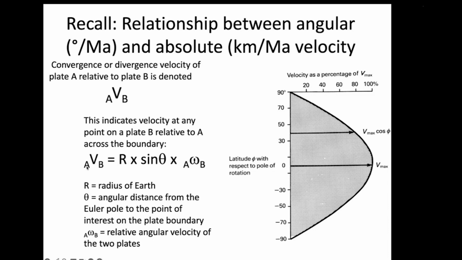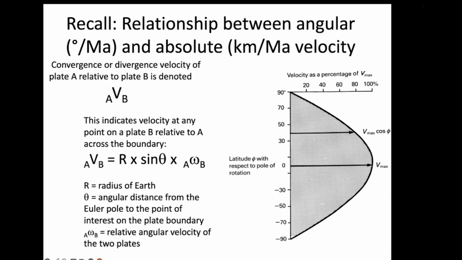This AVB in kilometers per million years is equal to the radius of the Earth times the sine of the angular distance from the Euler pole times the angular relative velocity, right? So for this plate motion, everything is moving at the same angular plate velocity, but the absolute varies as a function of the sine of the latitude, right?